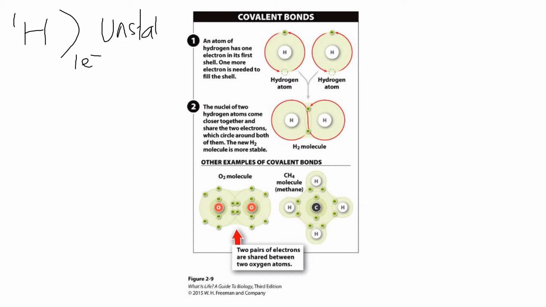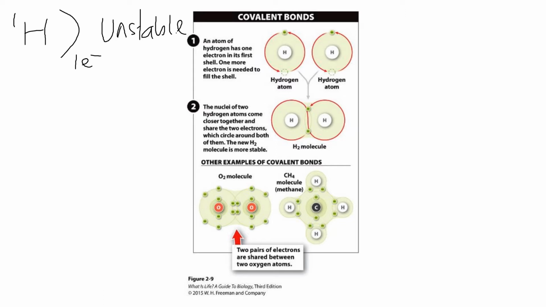Now, why is it unstable? The reason is that it's only carrying 1 electron shell, and that shell is not filled up completely. We previously talked about how that first electron shell, for it to be completely filled up, needs a maximum of 2 electrons.